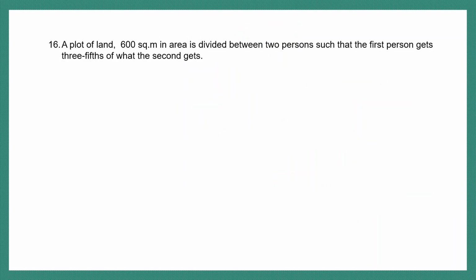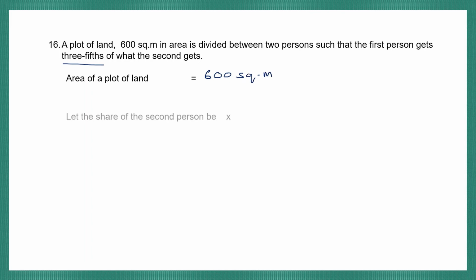Question 16. A plot of land 600 square meter in area is divided between 2 persons such that the first person gets 3/5 of what the second gets. Okay, so area of a plot of land 600 square meter. Now let the share of the second person be x.